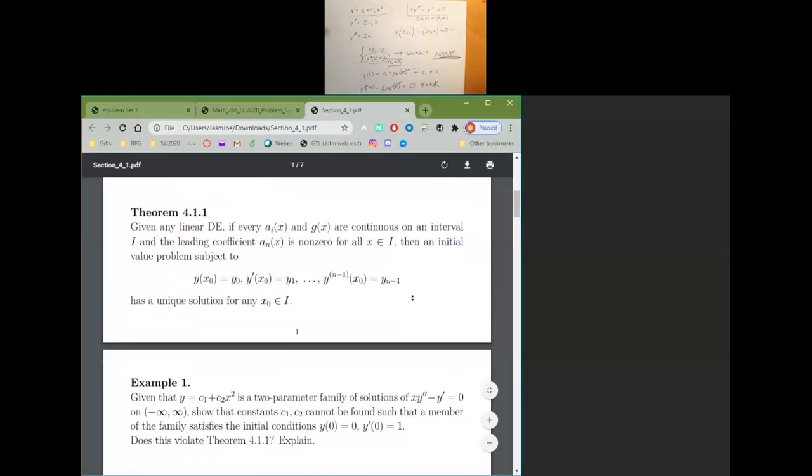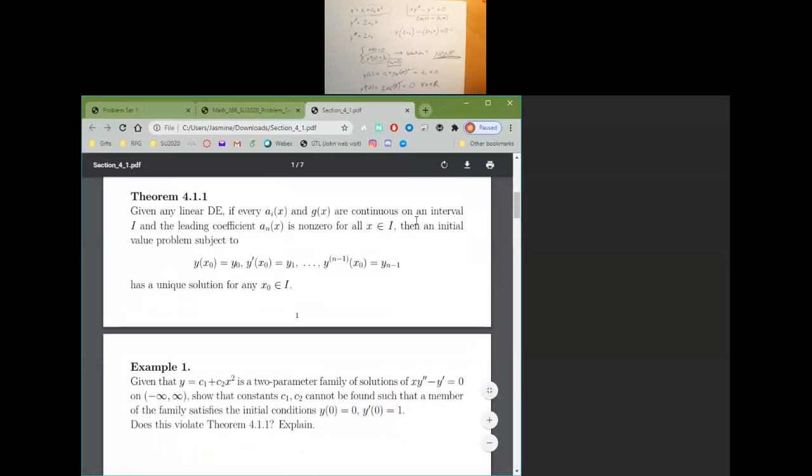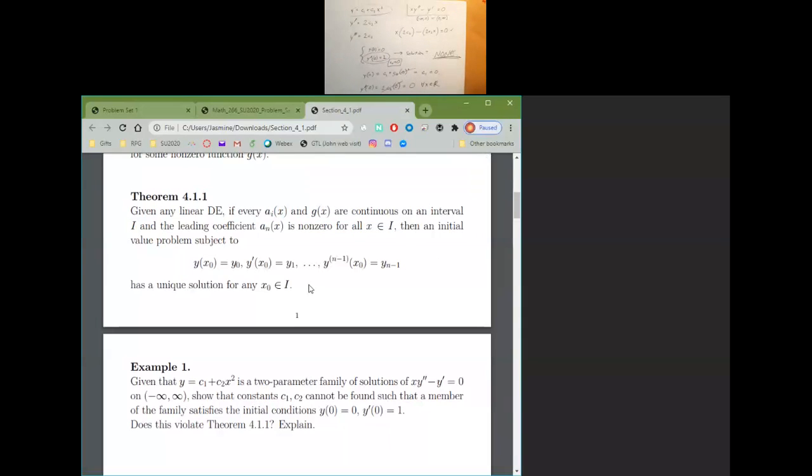We're saying in the theorem, if there exists an interval I such that all the a sub i's and g of x are continuous, and the leading coefficient is non-zero on that interval, then this has a unique solution on that interval. So what we need, this x naught does lie inside of this interval, but the rest of these conditions are not met for all of that interval, right?